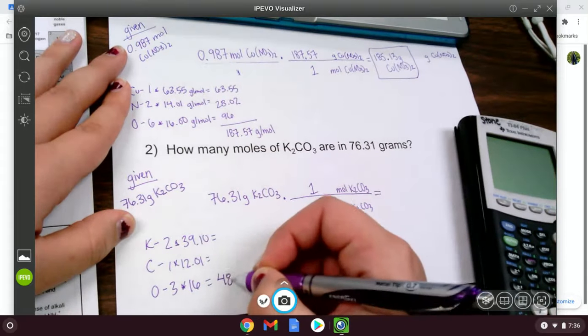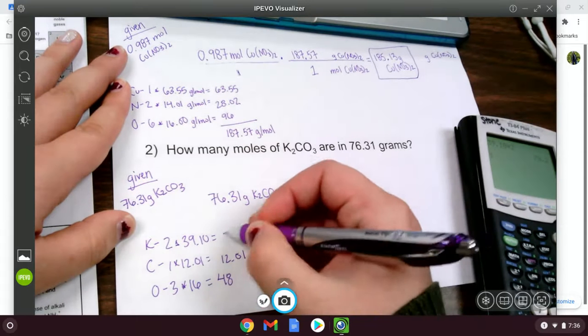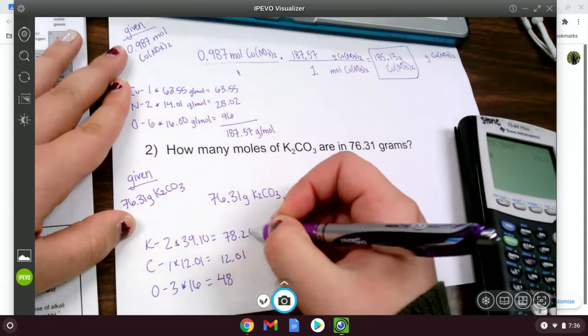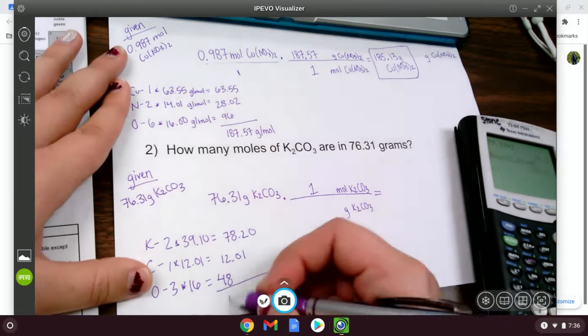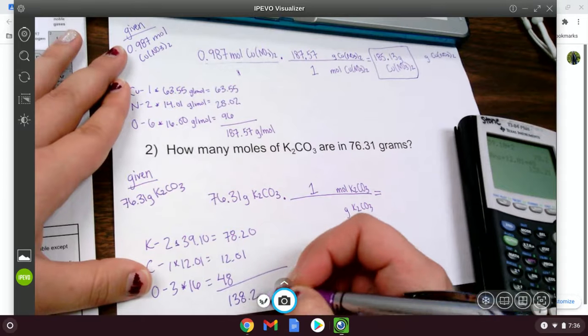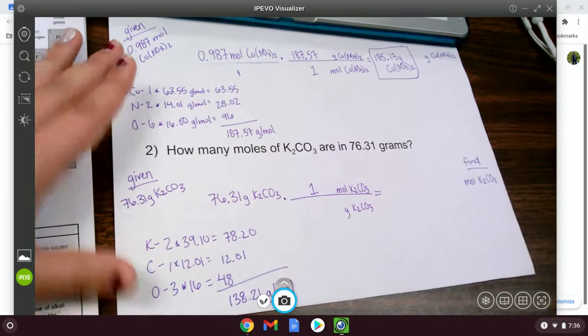So we have 48, 12.01, 39.10 times 2, 78.20. Add these together. I get 138.21 grams per mole.